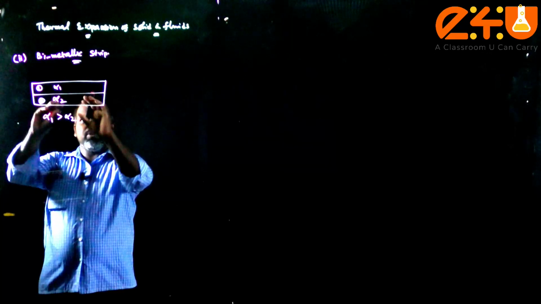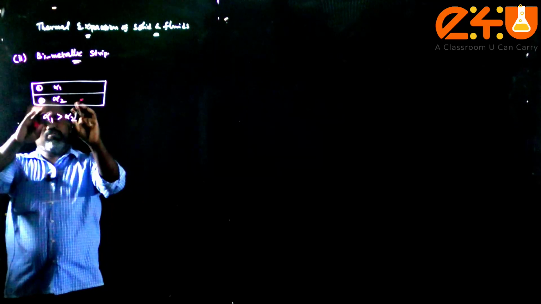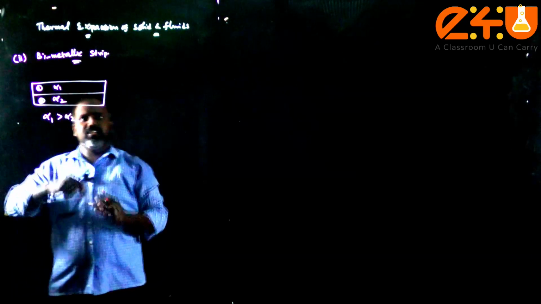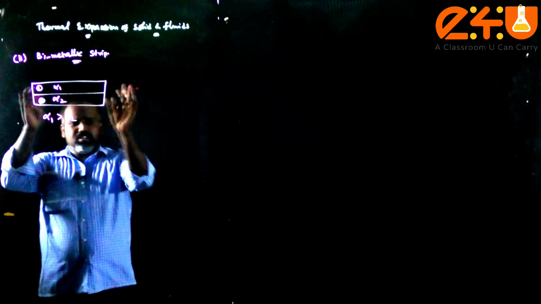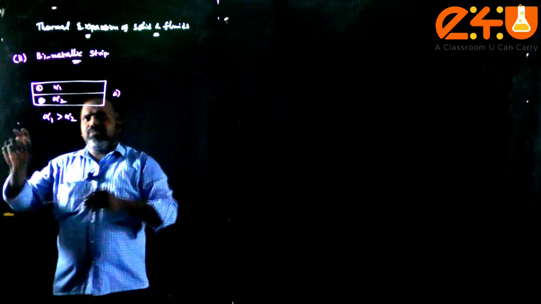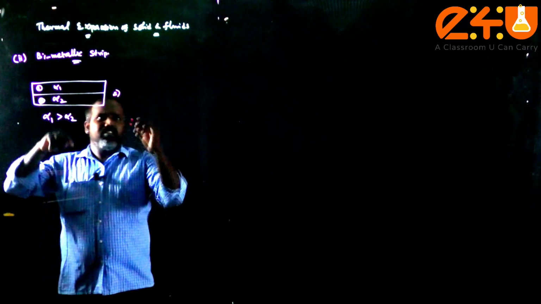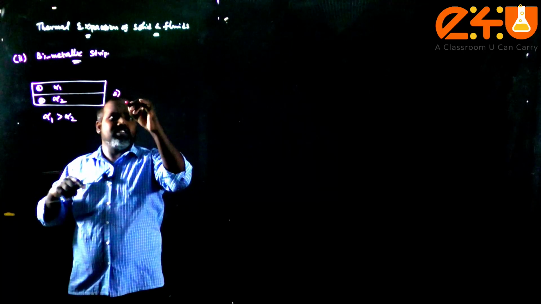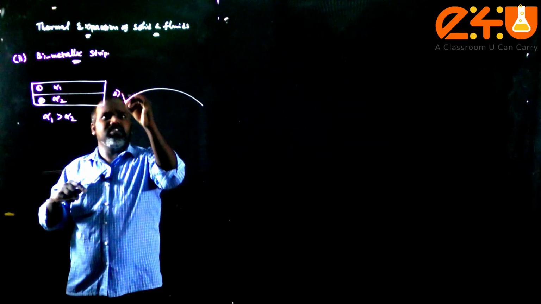Bimetallic means composite, two different materials. When this composite rod gets heated, the material whose alpha is greater lies on the outer side, that is the convex side of the bimetallic strip.